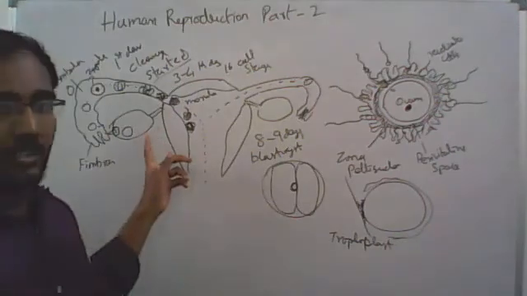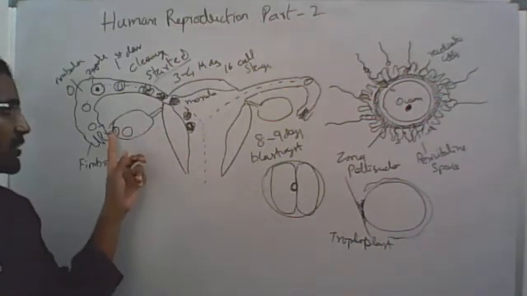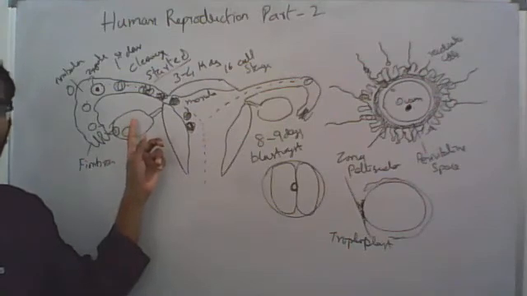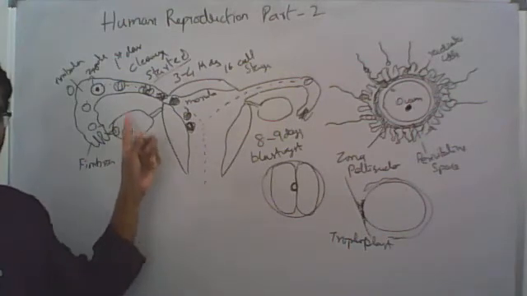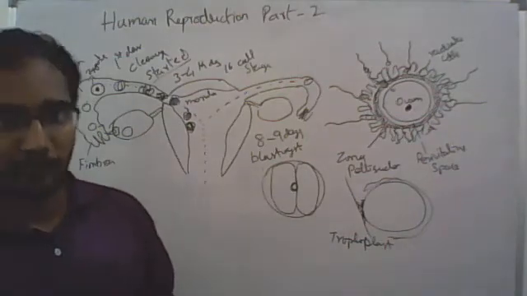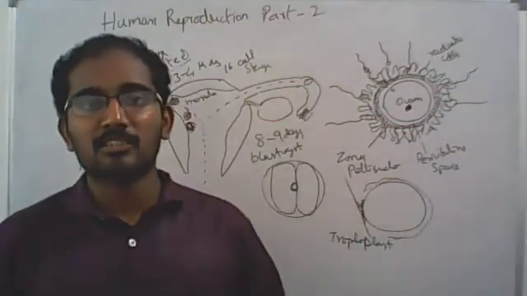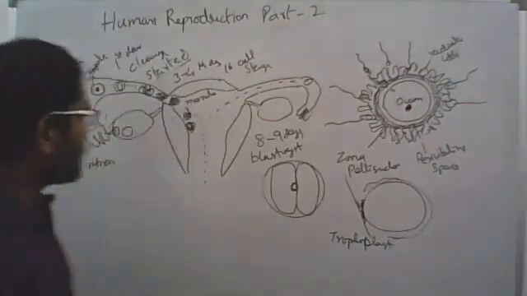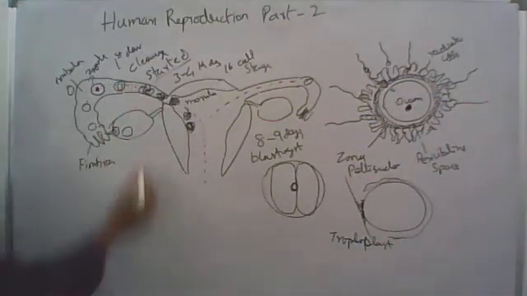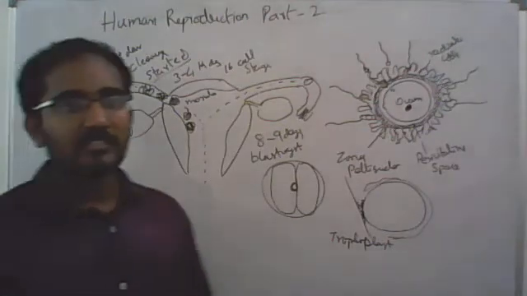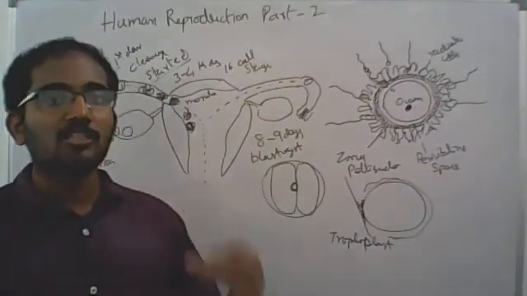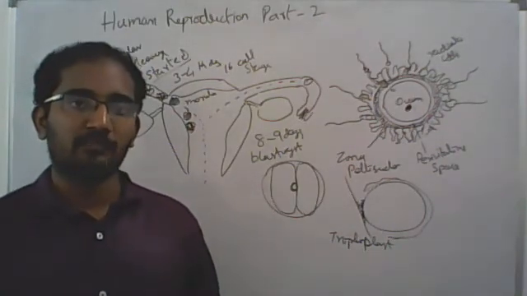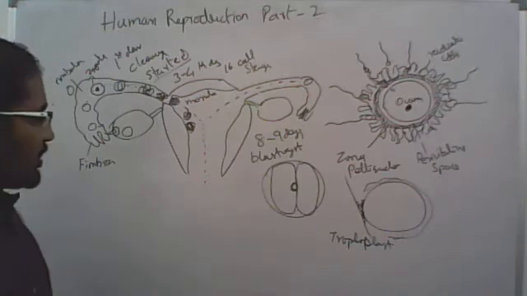Now the same thing will happen after ovum release. The corpus luteum will convert to a corpus albicans and the progesterone level starts decreasing. So what happens now, sir? How does pregnancy start? At that time, the surface of the embryo itself starts producing the hormones necessary for pregnancy. What are these hormones?